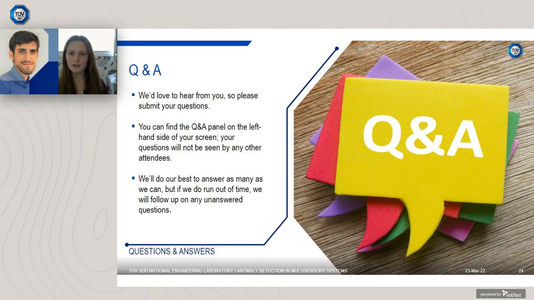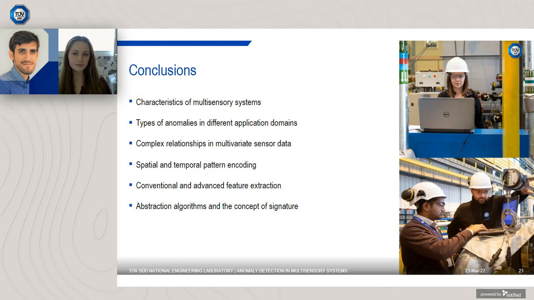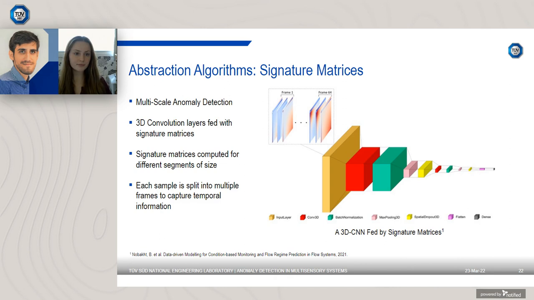Okay. So we've got one which says, could you explain how signature matrix can perform multi-level feature learning? Yeah, so if we go to, let me just scroll back to some previous one.